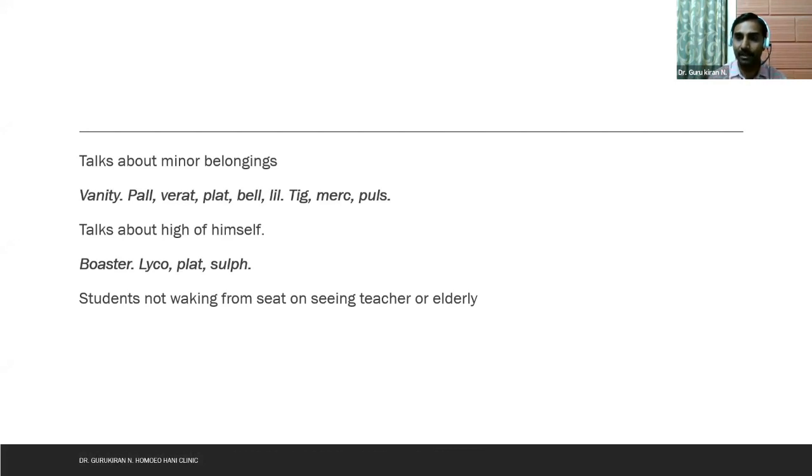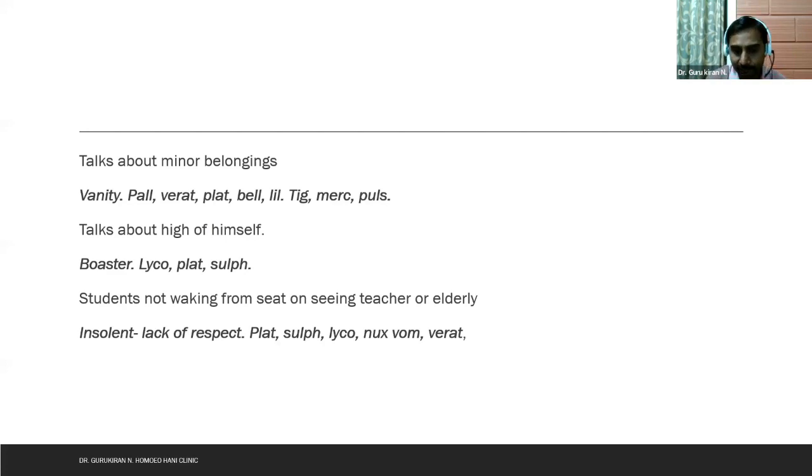When we go in a city bus or in a train, students will be sitting, and if an elderly person comes, they will not leave the seat. Or if their own teacher comes, they will not stand up. That is insolent. This is very, very important in taking a student's case. Insolent, lack of respect. The remedies are Platina, Sulphur, Lycopodium, Nux vomica, and Veratrum.